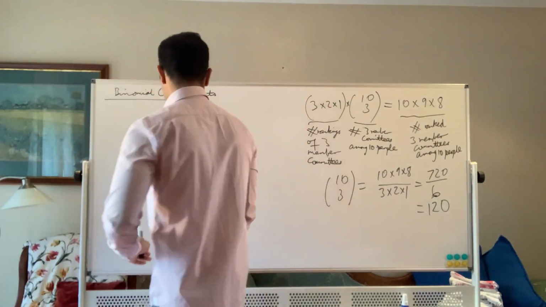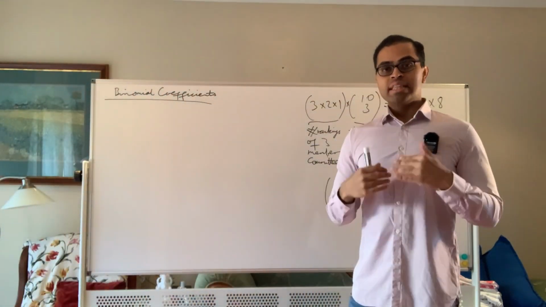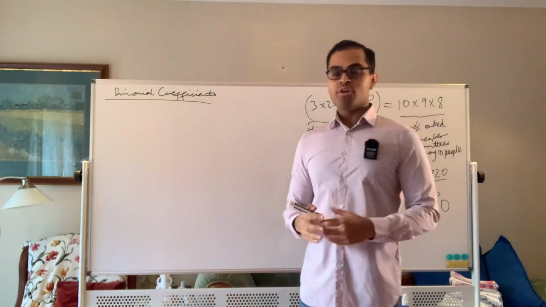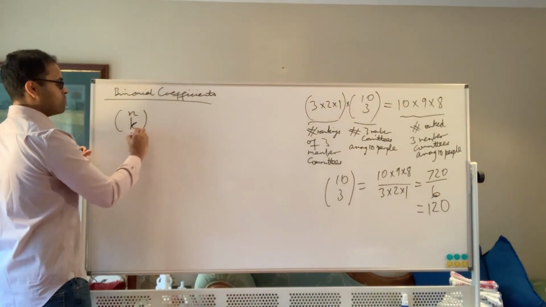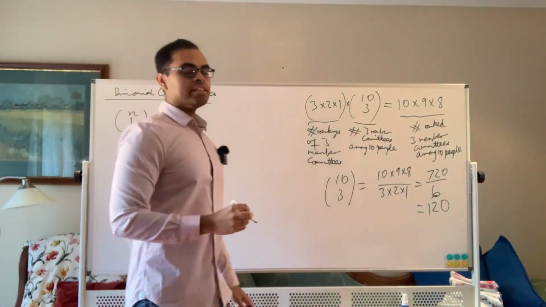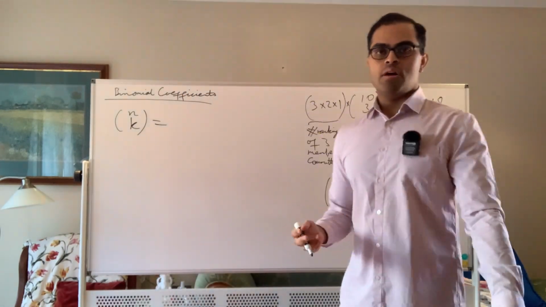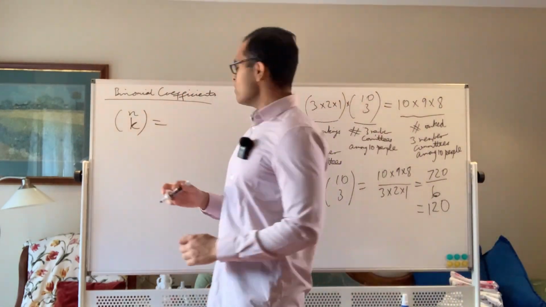But now what I'm going to do is talk about the n choose k, the general formula for how many ways. So we have n choose k. These are what are called the binomial coefficients. And I'll explain why they're called that in a later video. I think in this video I will just explain what the formula is.